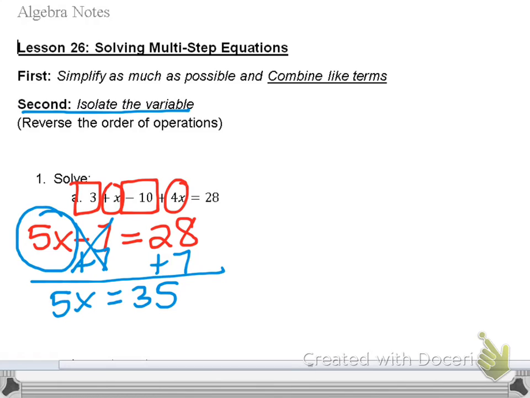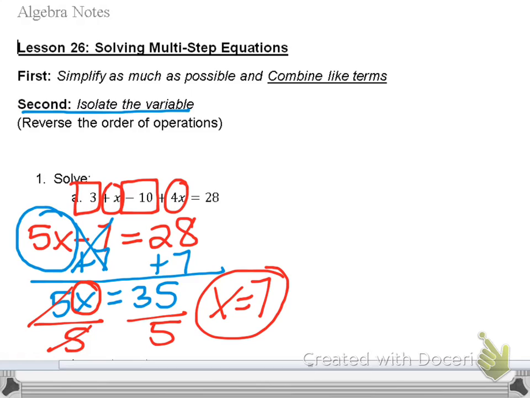Okay, our next step is to get x by itself, now that it's a single term. Because it's a single term, it's all multiplication, 5 times x. So we do the inverse, which is divide by 5. And then we're left with x equals 35 divided by 5, which is 7.